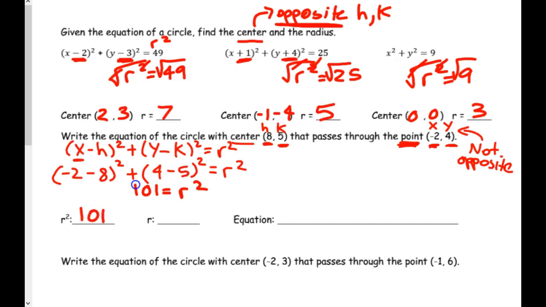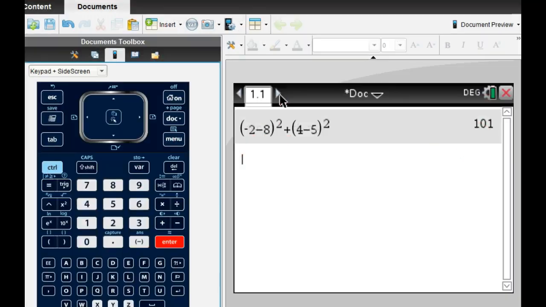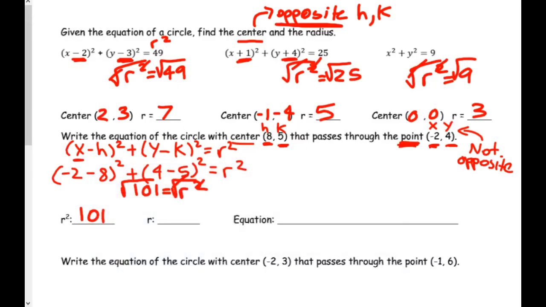So if I want to figure out the radius, what do I do to that r squared? Square root. So I need to figure out the square root of 101. So, square root of 101 is 10.05. Okay. So, if I'm going to write my equation, I'm going to use h, k, and I'm going to use this for r squared, okay?